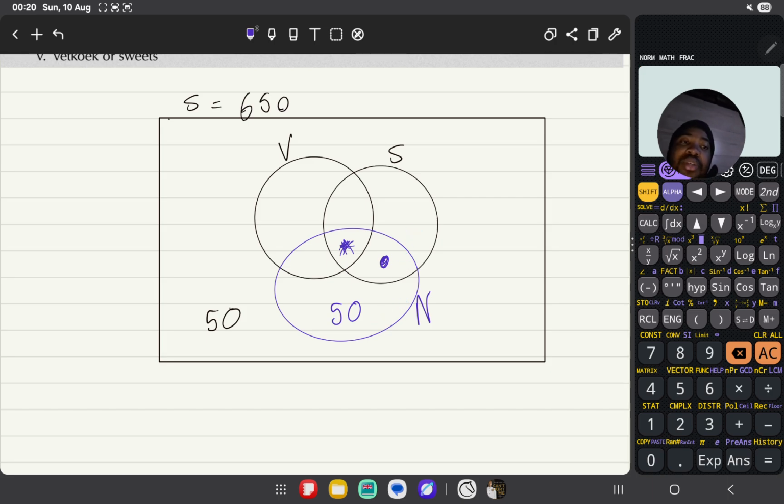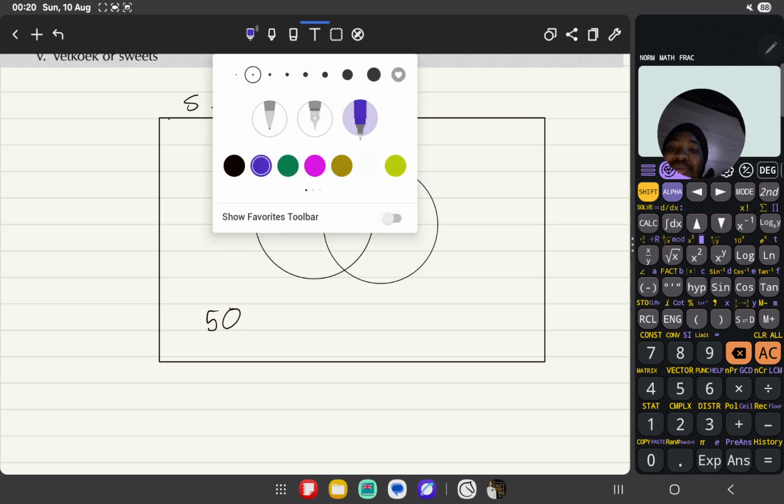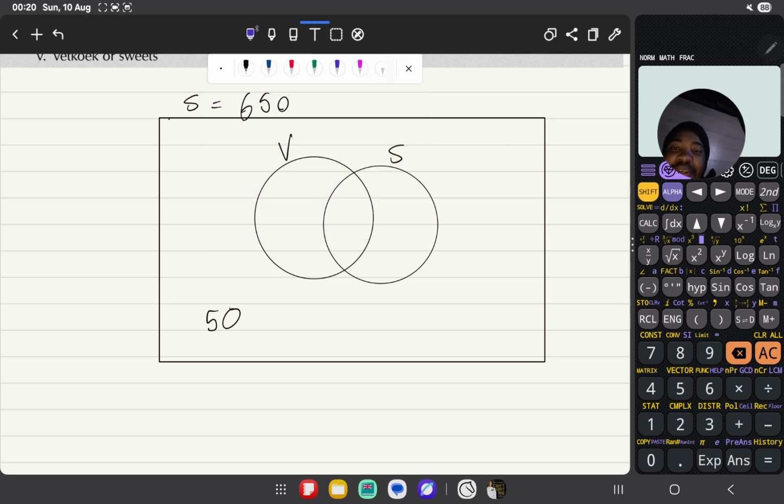So the only way the person can be right is if he puts the 50 here. But forget about this; to be safe, you can just leave it like this, and you'd be the safest person on earth. Cool. So let's read.